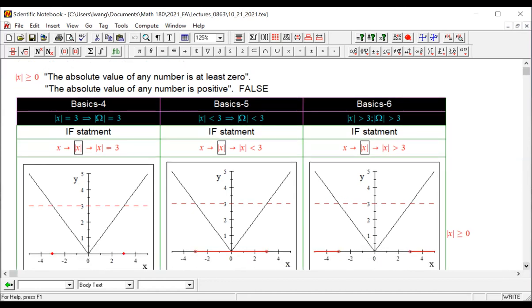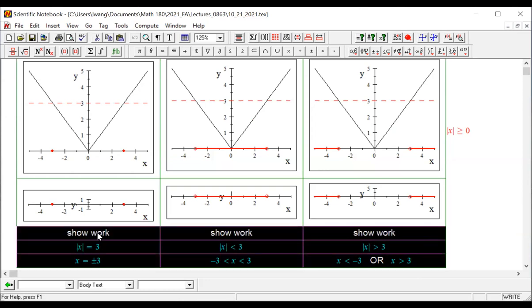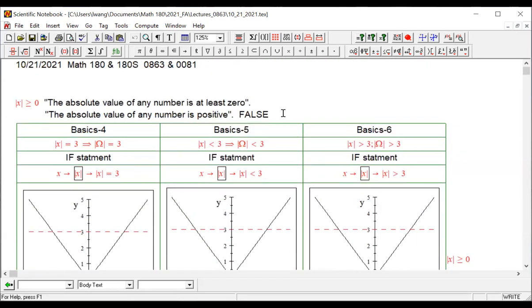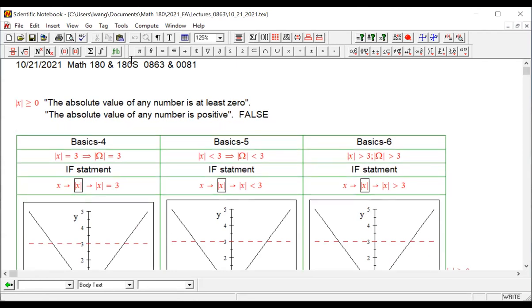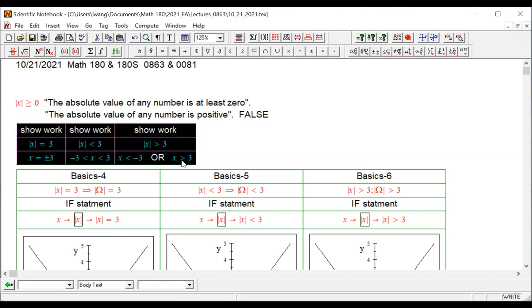Do you guys have any questions? So in terms of showing work, it's just these 3 cases. If you understand the picture, you understand the meaning from the function perspective, when you show your work, this is really how much you need to show.